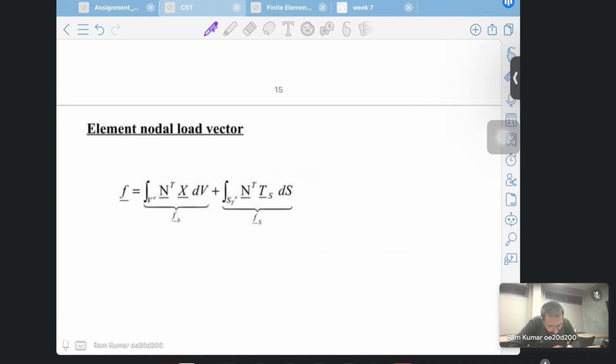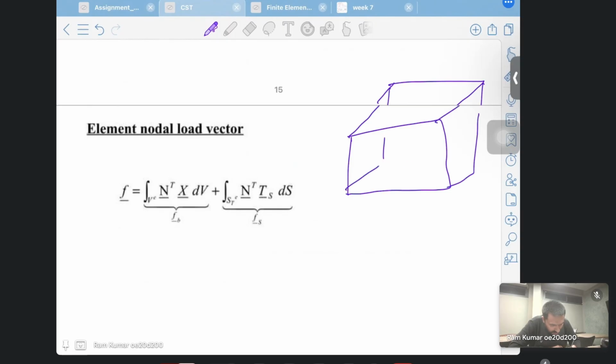Like we are having one body. So this is a 3D body. This is the body force per unit volume.